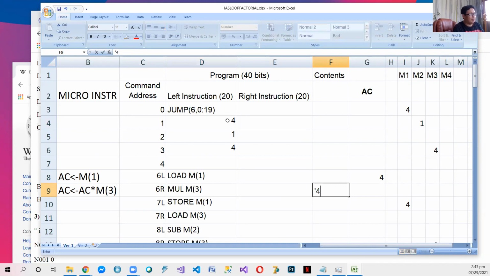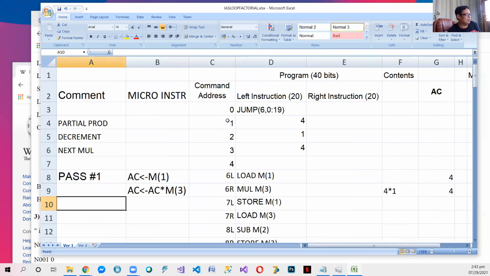The actual content is 4 times 1. Diba? And AC becomes 4. Okay? You follow? And we store M1, which is our next partial product. Okay, this is our first partial product.